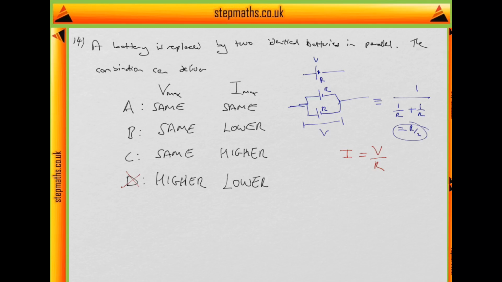So in fact, the resistance goes down. And we're dividing by a smaller resistance now, which means that this actually goes up. So the current must increase, which leads us to the answer of C.